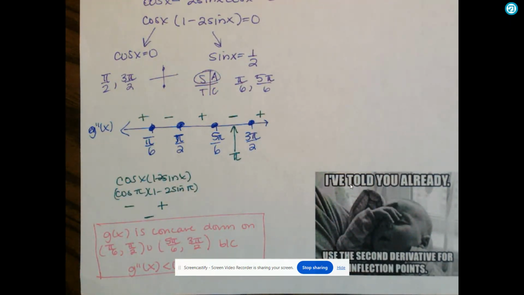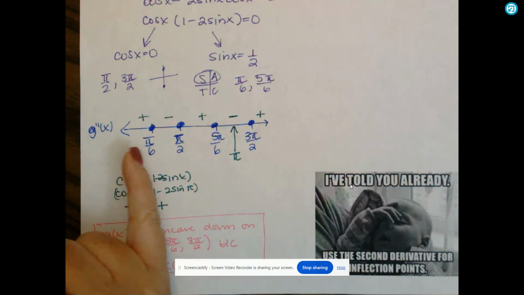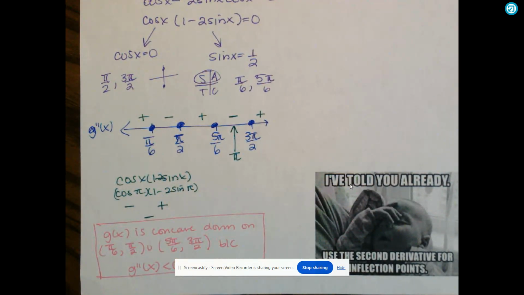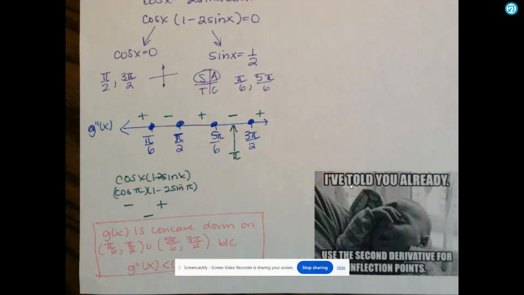And so when I put all of these values on my sign analysis, everything's just written out here. It's kind of difficult when we're doing trig functions and radian measurements, so I like to use pi. I'm just going to pick pi and plug pi in. So you're going to see down here, I did the cosine of pi, so I went back up to here and did the cosine of pi and 1 minus 2 sine of pi.